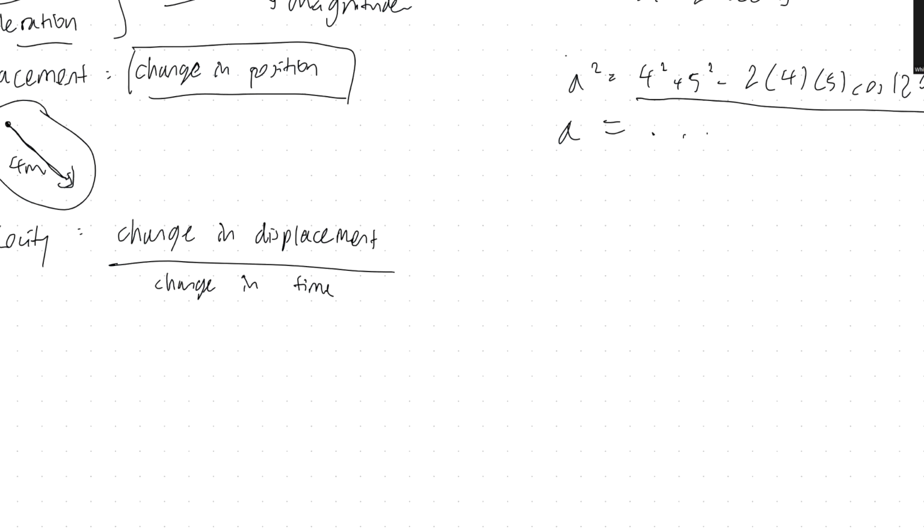And note that velocity is different from speed. We know that speed, quite intuitively, is the change in distance over change in time. Let's say for some car moving along some highway, your speed will simply be the change in the distance traveled over the time period that the car is traveling in.